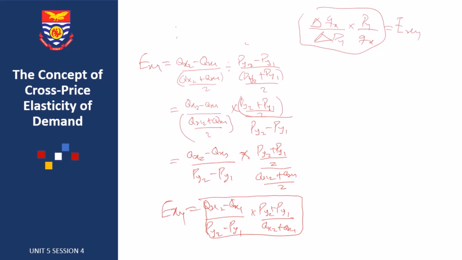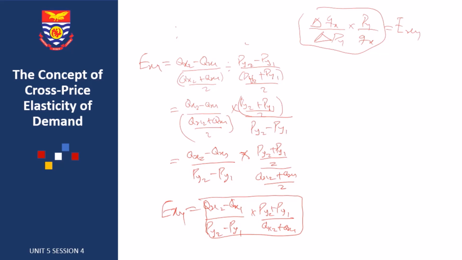Alright, so the QX2 is the quantity demanded of X after price change in Y. The QX1 is the original quantity demanded of X, and the PY2 is the new price for product Y, and PY1 is the original price for product Y.